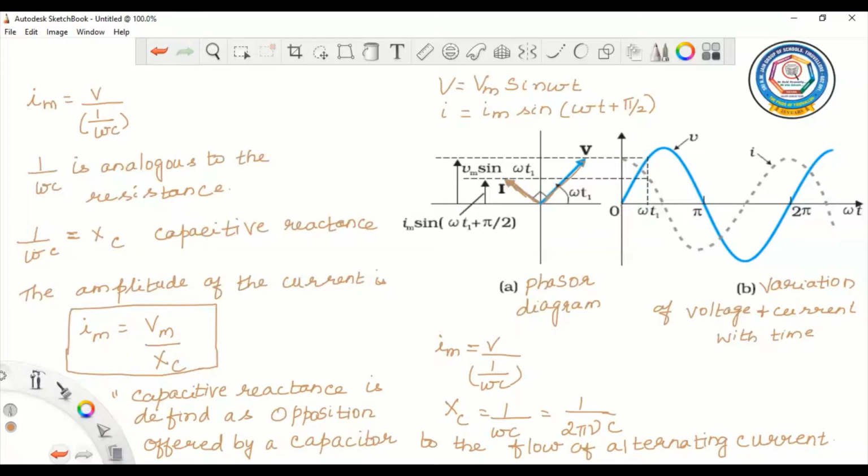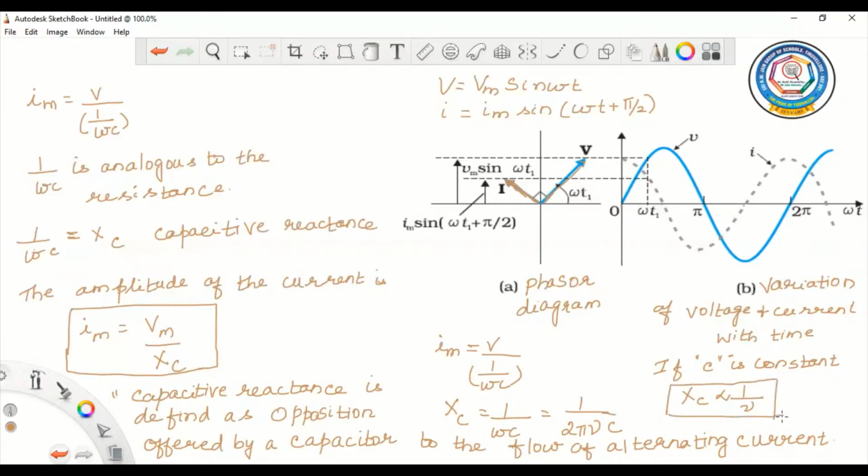Okay, so actually you can see here, children, if you consider C is constant, then you can very well say that Xc is inversely proportional to frequency.